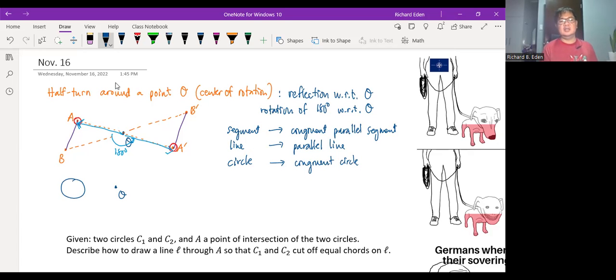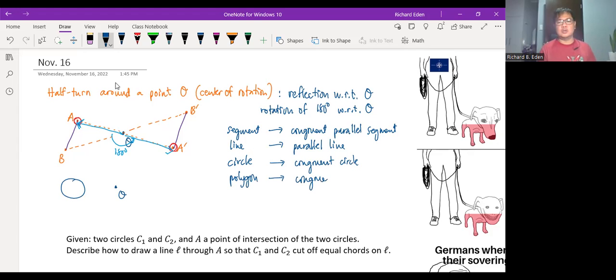So in fact, it doesn't have to be a circle or a polygon, but if you have a blob or a closed curve, it will be sent to a closed curve, which is also congruent.